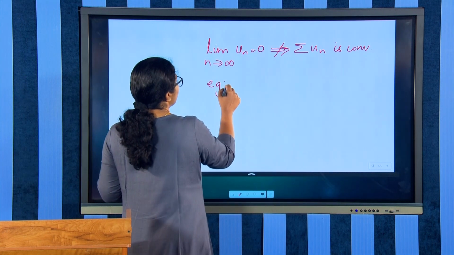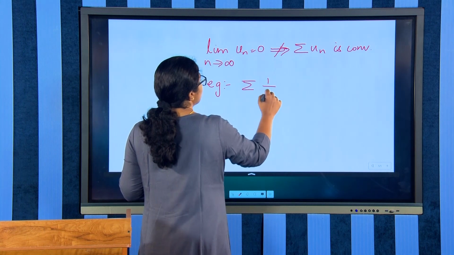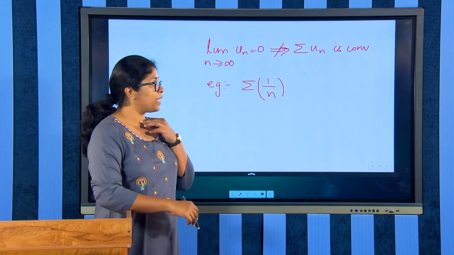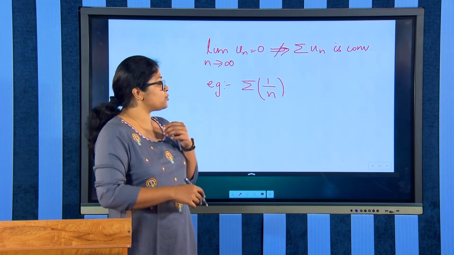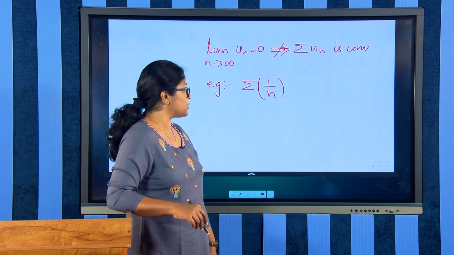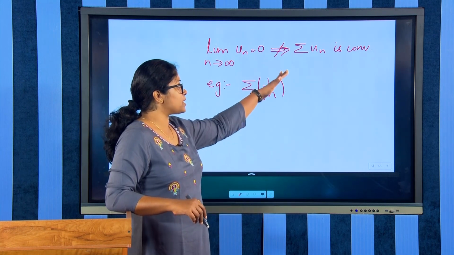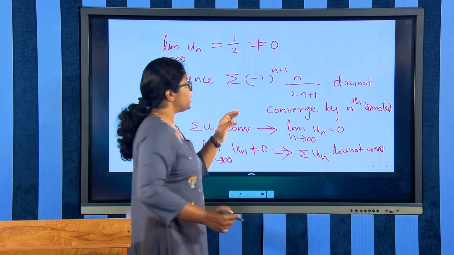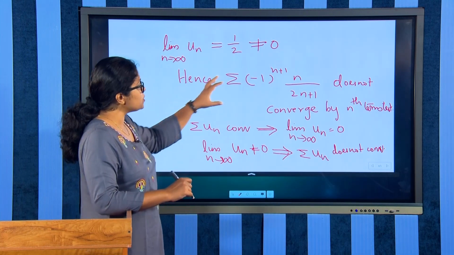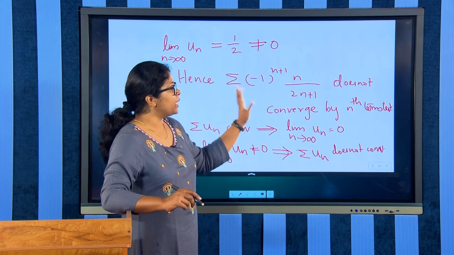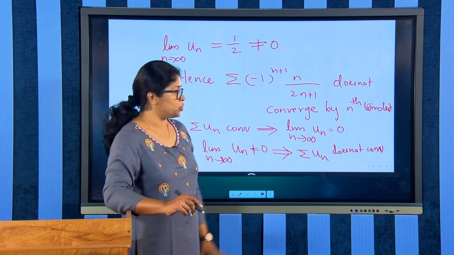The counter example is summation 1 by n, because the nth term un is 1 by n, which goes to 0 as n tends to infinity, but we have seen that this is a divergent series. But in this case we can surely say that because the nth term goes to 1 by 2, which is not equal to 0, this series does not converge.